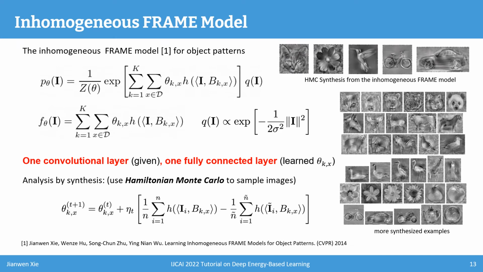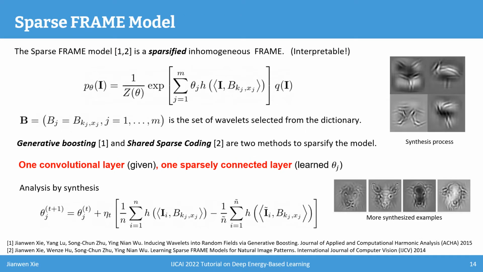In the language of neural networks, the energy function of the inhomogeneous frame model is a two-layer network, in which one convolutional layer is given and one fully connected layer is learned. The sparse frame model is a sparse version of the inhomogeneous frame model, where only a small number of Gabor filters are included in the energy function.